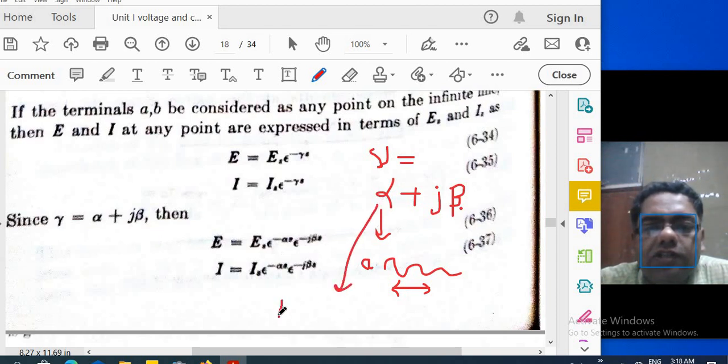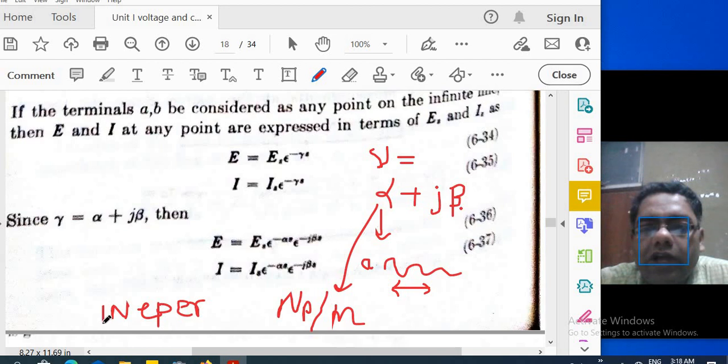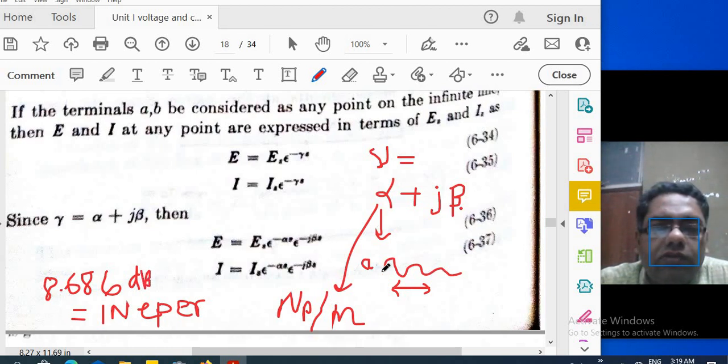Neper is the unit of the attenuation constant alpha. Actually, 1 Neper equals 8.686 dB. That means how much the signal is attenuating, we can express in dB, and 8.686 dB becomes 1 Neper. This unit you have to remember.